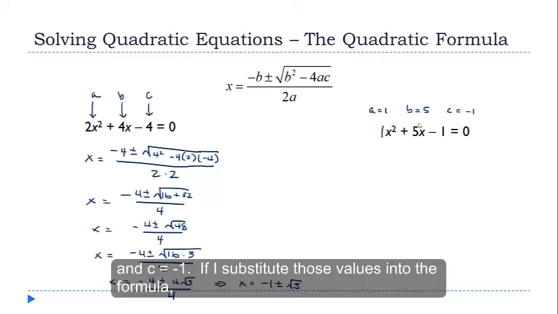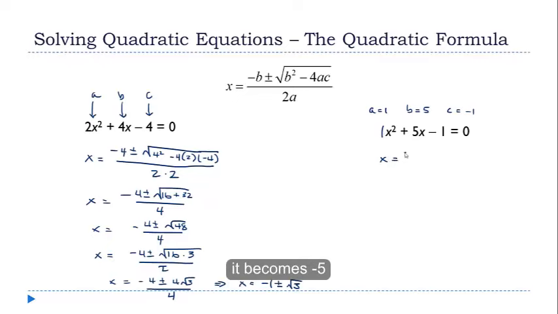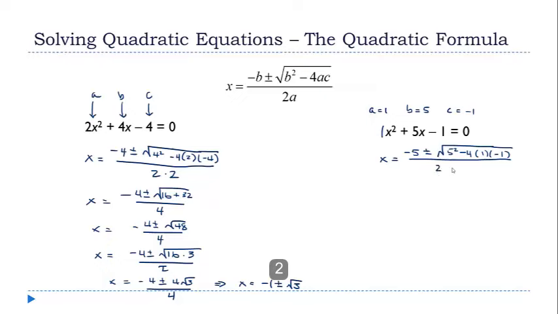And if I substitute those values into the formula, it becomes negative 5 plus or minus the square root of 5 squared minus 4 times 1 times negative 1 over 2 times 1.